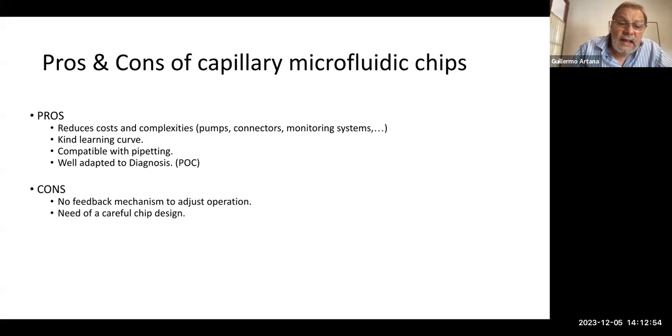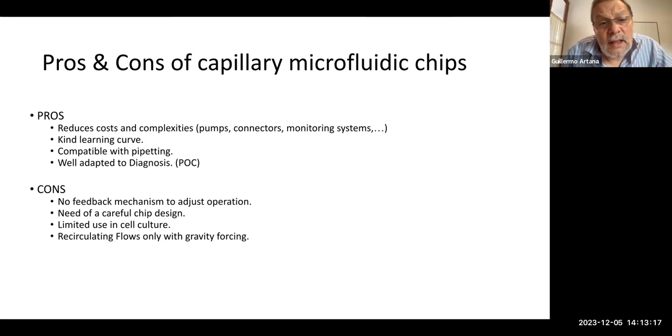So you need a careful chip design. They are quite limited for use in cell culture. This has been one of the aspects that has limited the development of microfluidics, and they also do not allow the possibility of recirculating flow that can be of interest for biologists.